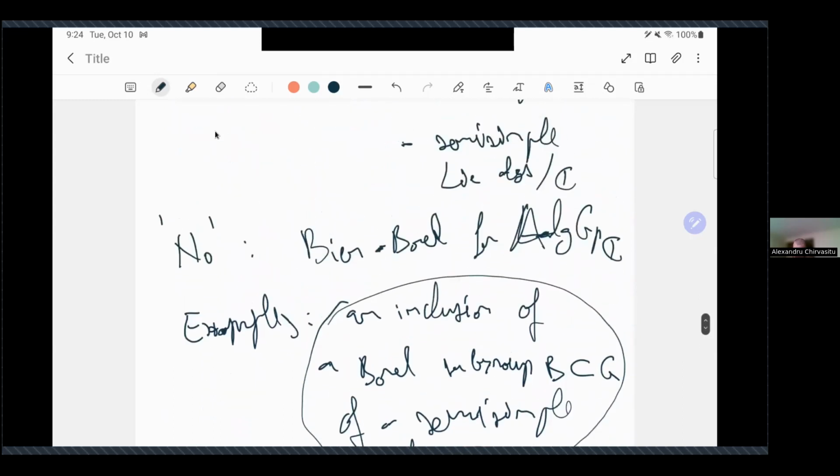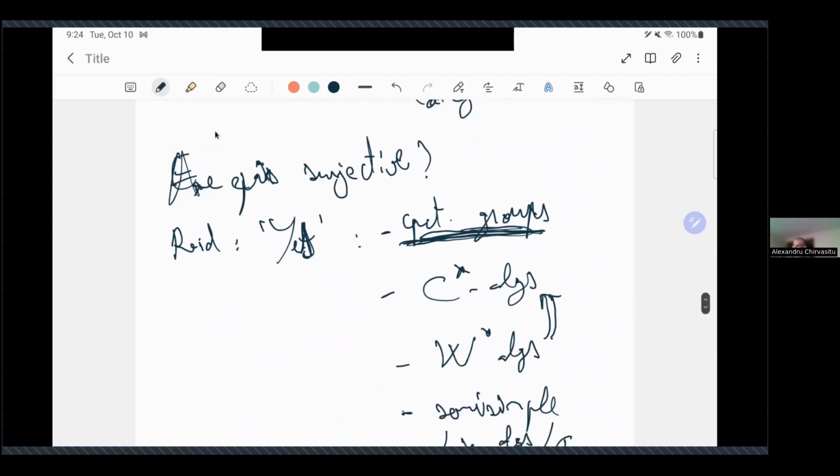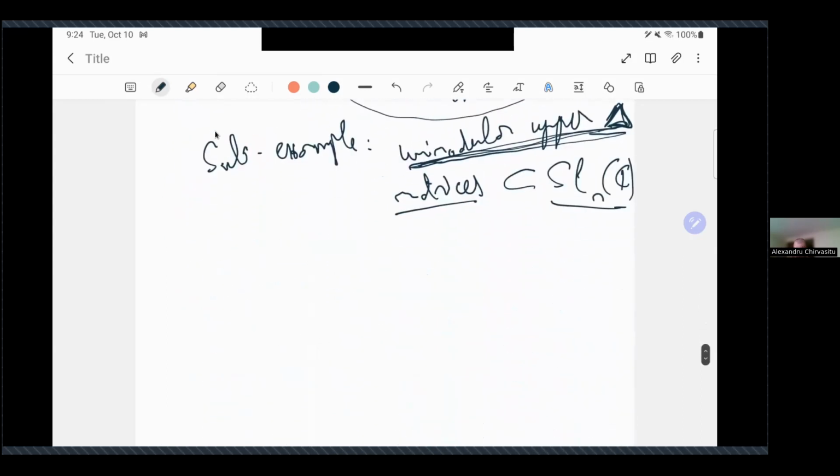So in a sense, epimorphisms tend to be surjective when there's some rigidity to the objects or some representation theoretic rigidity. The representation theory of compact groups is discrete. Everything breaks up as a sum of simples. The same happens for semi-simple linear algebraic groups. And then you have these triangular ones that are sort of the opposite of that. They're very non-rigid in that sense. The representation theory is not semi-simple.